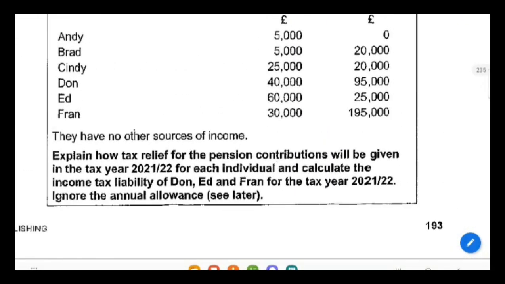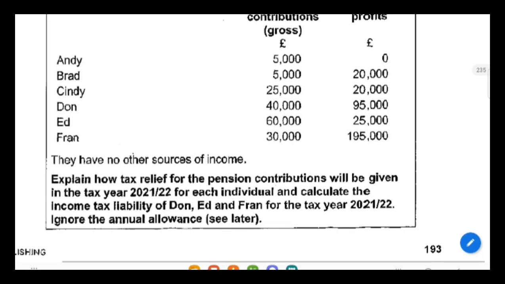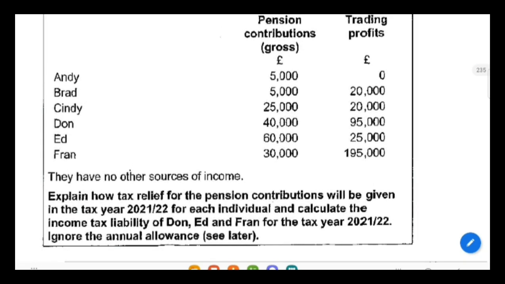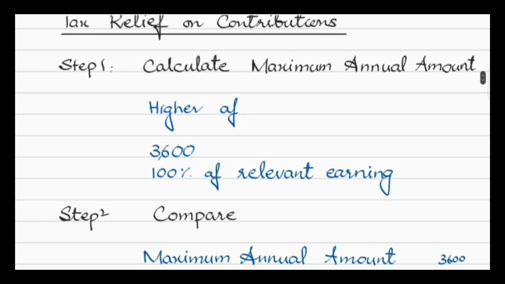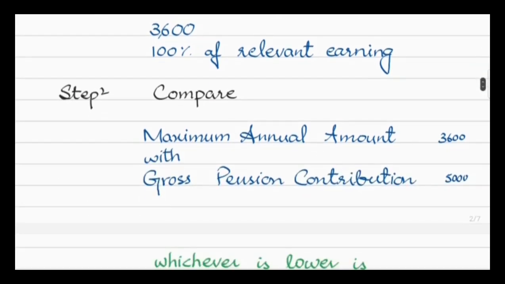In the case of Dawn, the contribution is 40,000 and the relevant earning is 95,000. So in the first case, where we have to calculate the maximum annual amount, higher of 3600 and 95,000 would be 95,000.